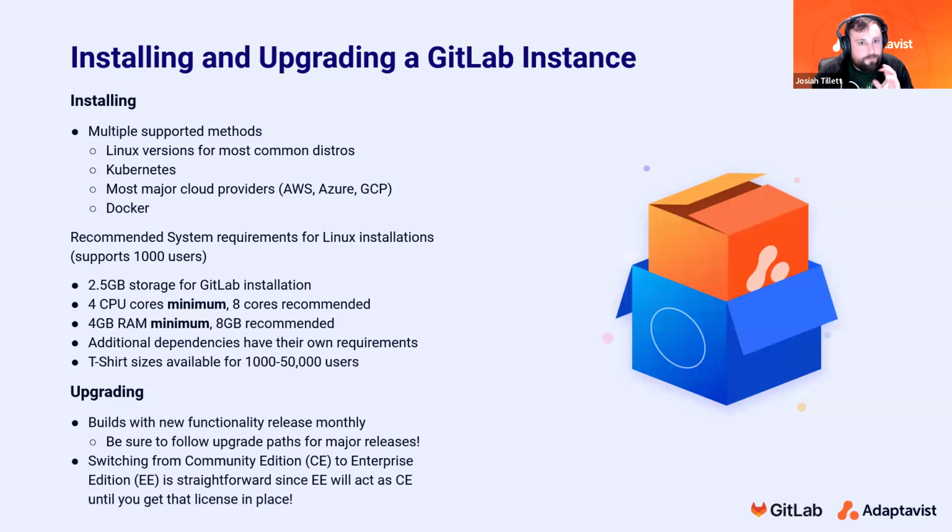Note that these requirements are just for the base GitLab server installation. There are other dependencies that have their own requirements, like Postgres, which is what GitLab uses as its database. So you'll need to pay attention to those requirements, as well as the runners, which are going to have their own requirements, but those will be on other servers. So just pay attention to that.